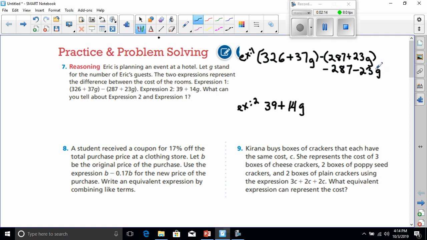Now I have to put my terms in columns over here. So this would be negative 287, and this would be negative 23G. Now when we do this, I see that I've got 7 minus 3, that's 4.